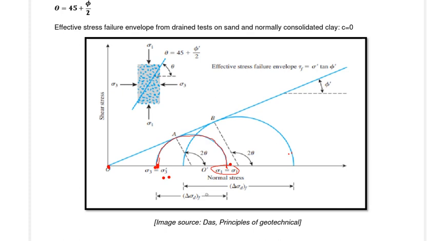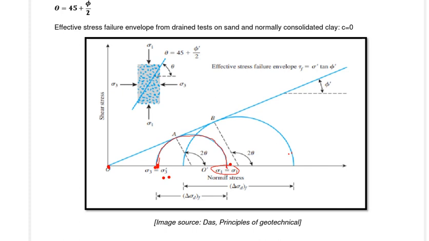So, in our CD test, the shearing is done slowly so that no pore pressure is generated. Therefore, our major principal stress at failure is also called the effective stress.